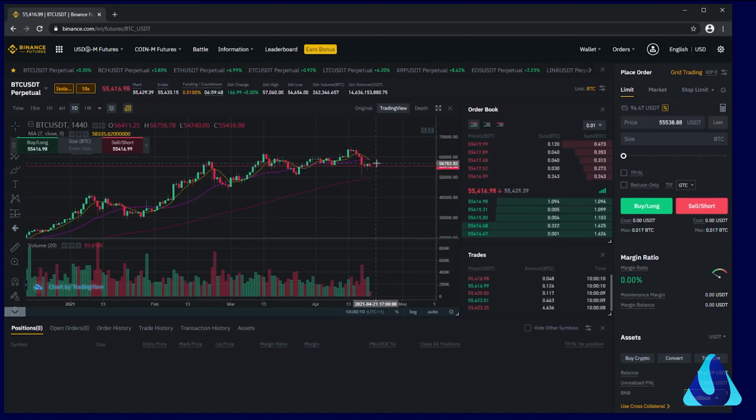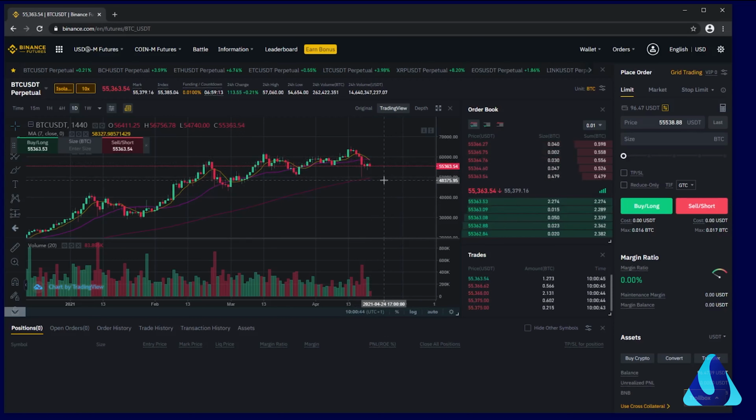However, it works the same way for losses. If I've longed the position and it goes down by 1%, I would lose 10% of my balance, and that's how it would work.